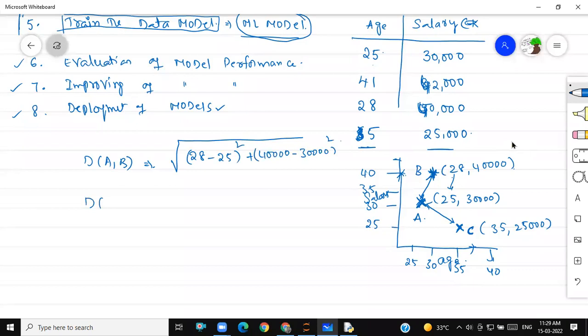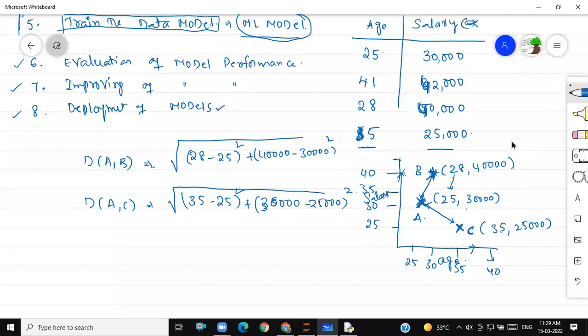Then what is the distance from A to C? Normally when you see it visually, point B looks very close to A compared with C. But whenever we do it practically, the distance from A to C is the square root of (35 minus 25) squared plus (30,000 minus 25,000) squared.